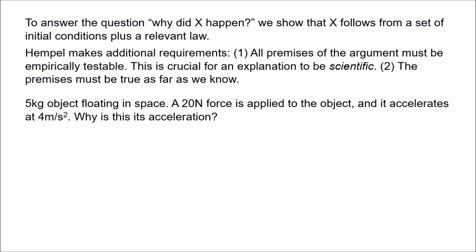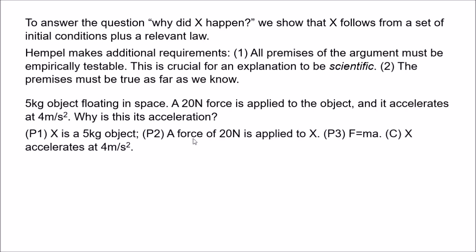Well, we use Newton's second law, that force is equal to mass times acceleration, and we can give an argument like this. Premise 1, x is a 5 kilogram object. Premise 2, a force of 20 newtons is applied to x. Those are the initial conditions. Premise 3, force equals mass times acceleration. That's the law. So the conclusion is that x accelerates at 4 meters per second squared.